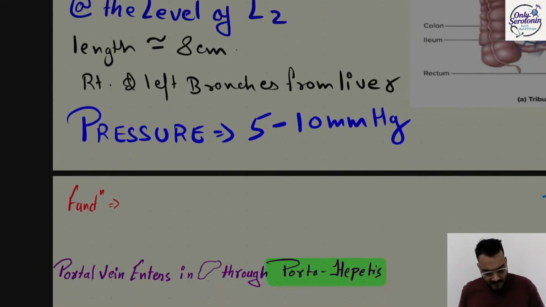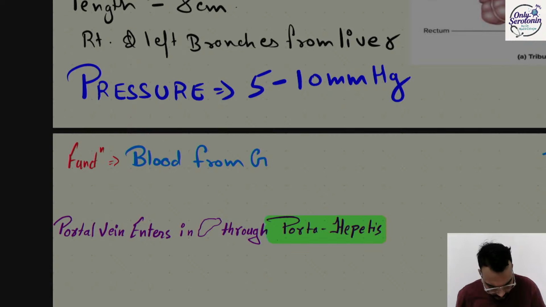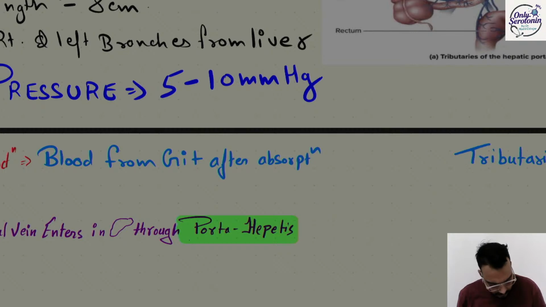Then guys, what will be the function of the portal vein? The function of the portal vein is that the blood from the GIT after absorption is going to enter into your liver.